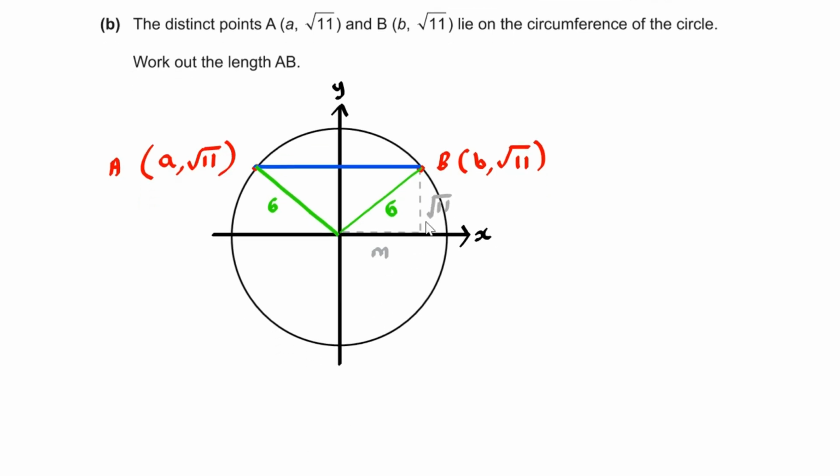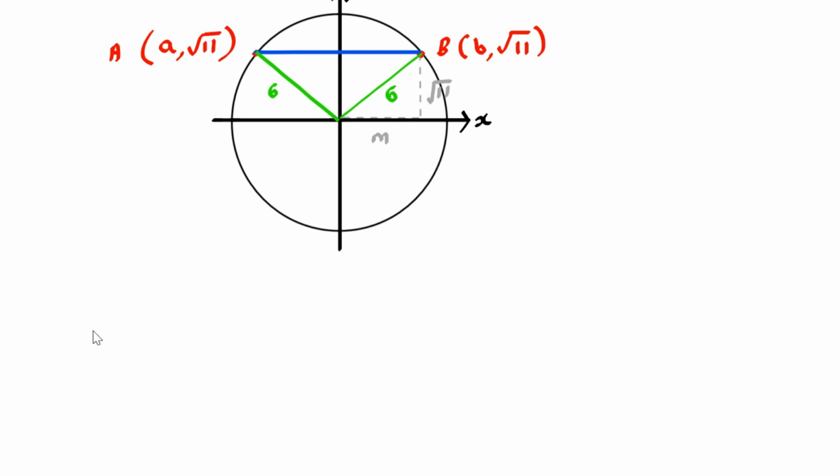So if I construct that triangle once again, just to make things clearer, we've got a right angle triangle looking like this. So we've got m and root 11 over here, and here we've got 6. So through Pythagoras we can actually find out what m is. So we have m squared plus root 11 squared equals 6 squared.